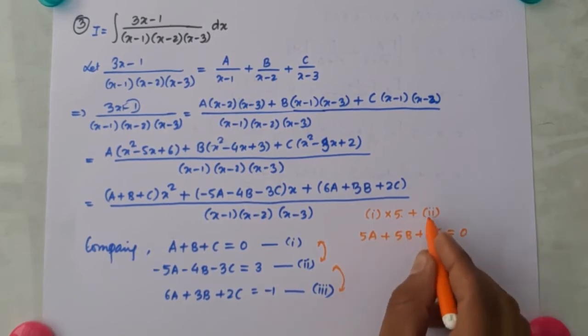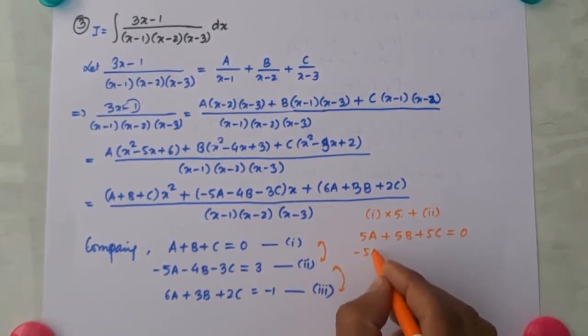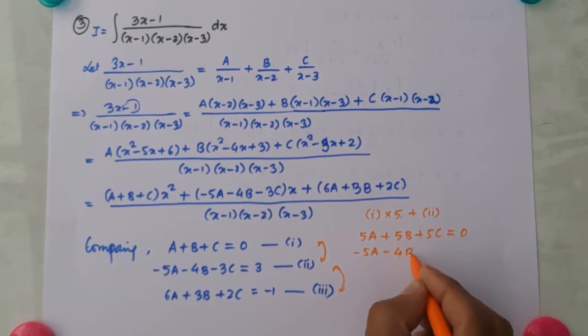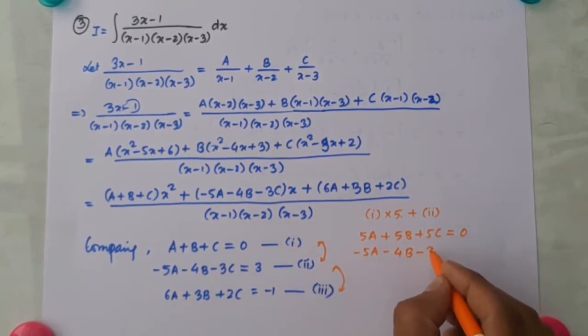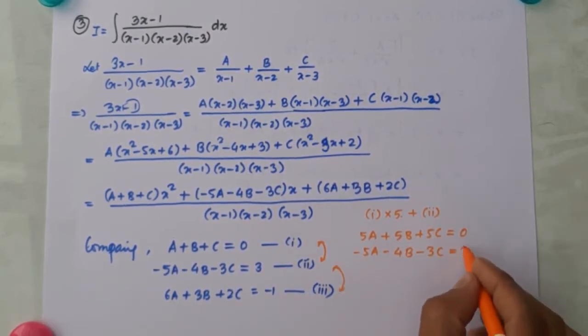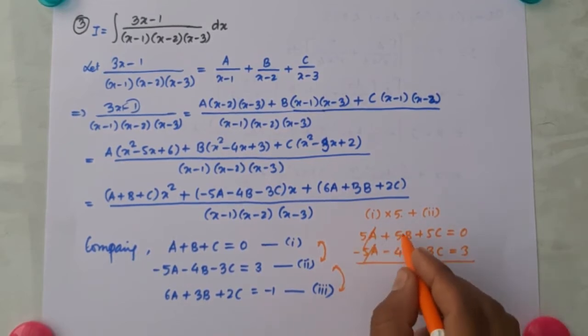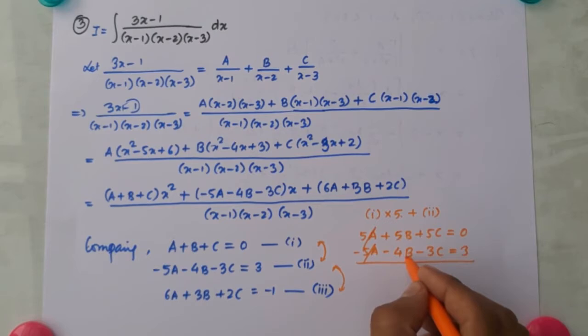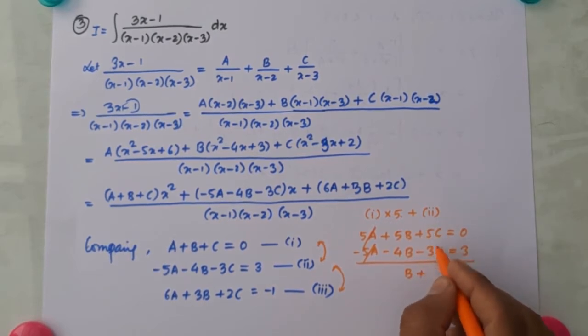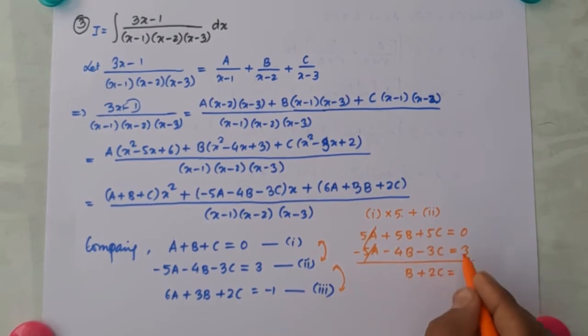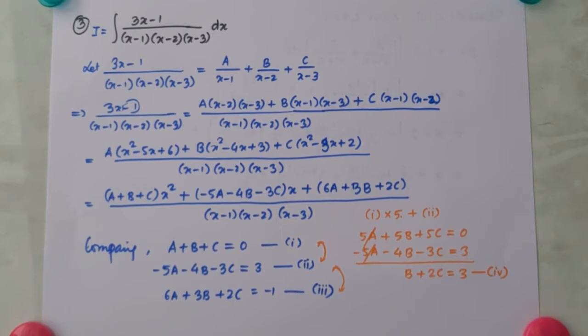And since you are adding with 2, which is -5a - 4b - 3c = 3. Now since you are adding, we need not change any sign, so these two get cancelled. So you get 5b - 4b is b, plus 5c - 3c is 2c, equals 0 + 3 is 3. Call this equation number 4.